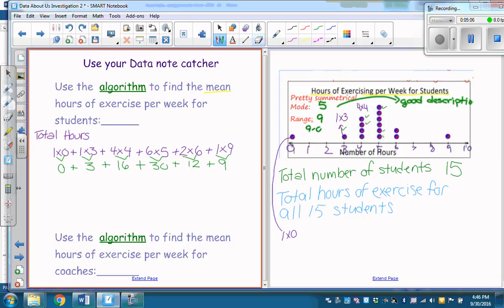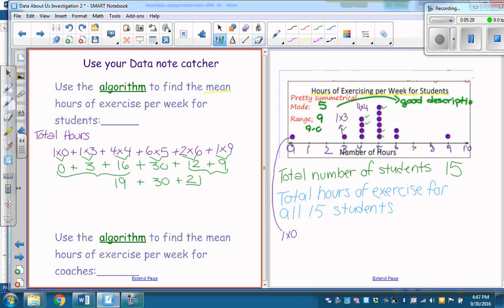So I can add some of this up in a group. Like that would be pretty easy to add these three and get 19. And plus 30. I could add these two and get 21.